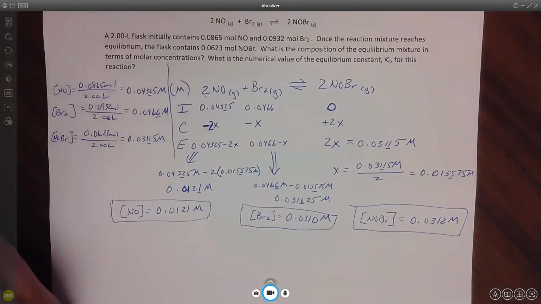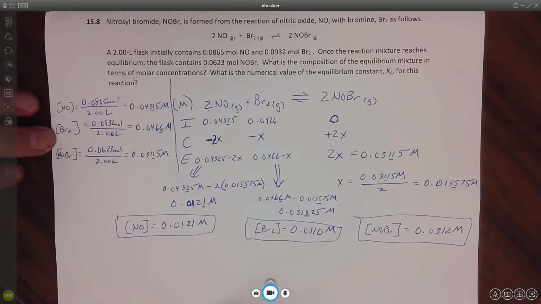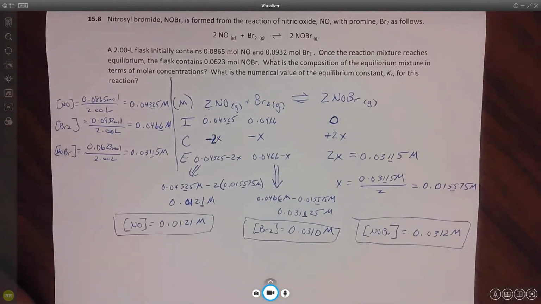Okay, for that I'd need Kp. Did they give us Kp? No. So how am I going to get Kc then? Anybody help her? Just do the same thing we did for the last question and just plug in the concentrations.